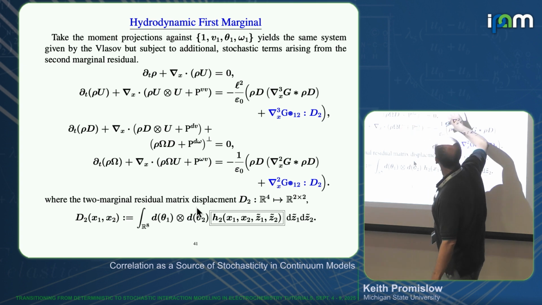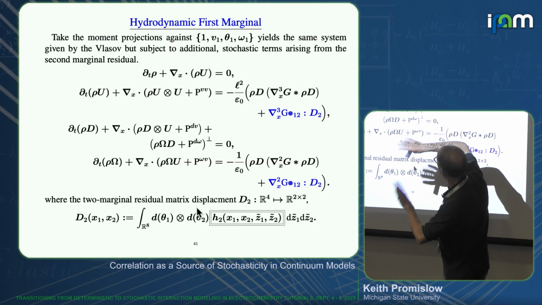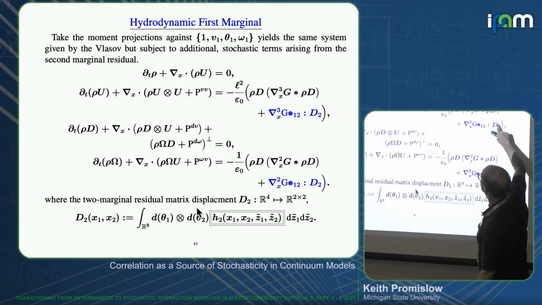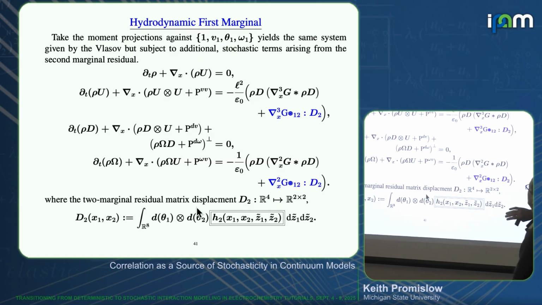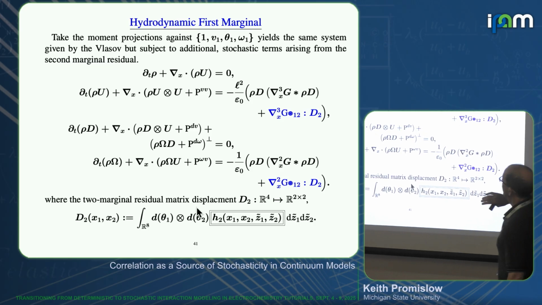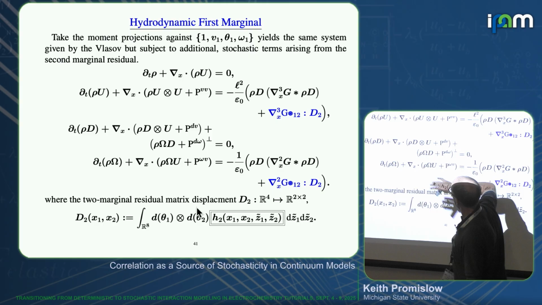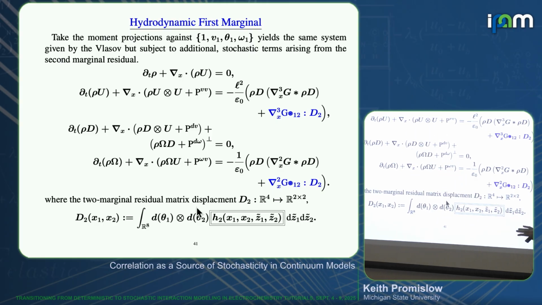Well, if I knew the second marginal, this is the exact system. I have no approximation. I've gone from my molecular dynamic system to this system with no approximation if I knew what this term was. Okay, continuum equation. That's obvious. That's familiar. Sort of fluid flow, Eulerian. Of course, in our problem, the average velocity may be very small, so U could be 0.